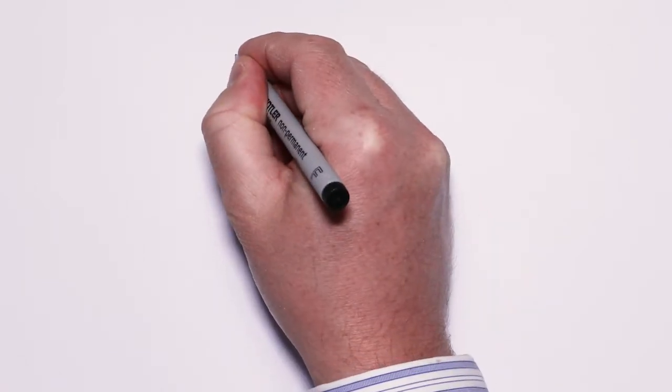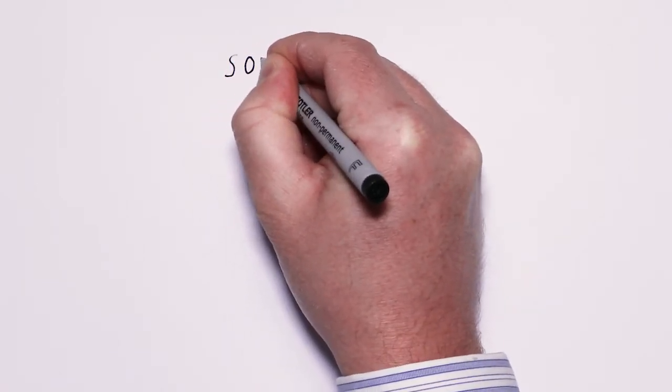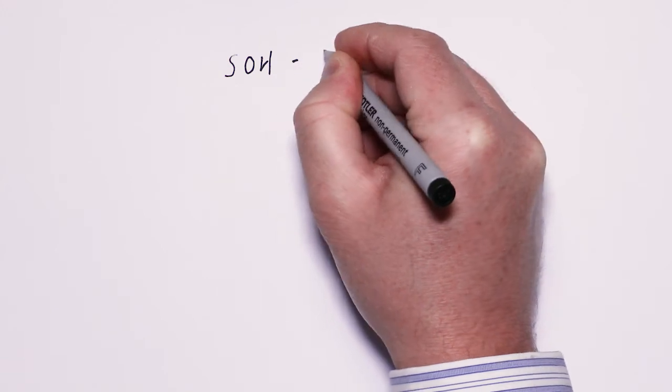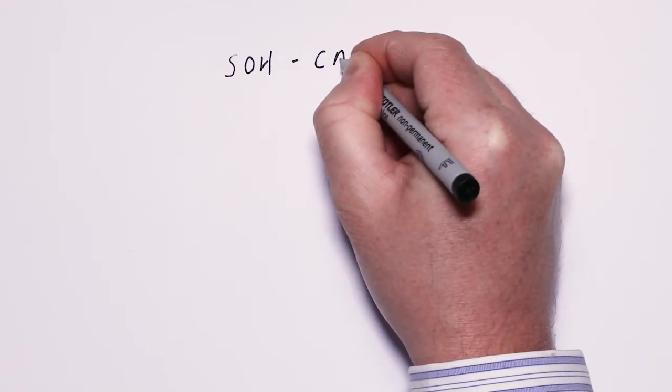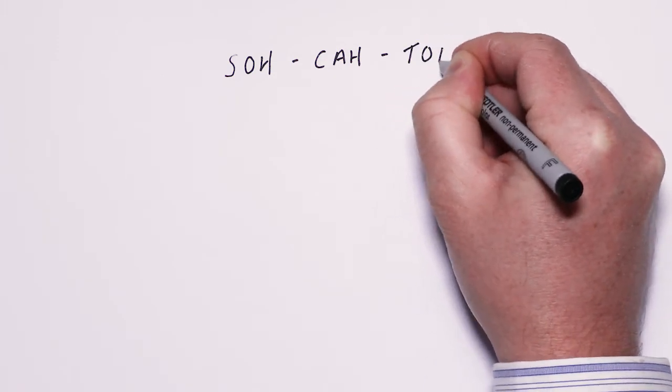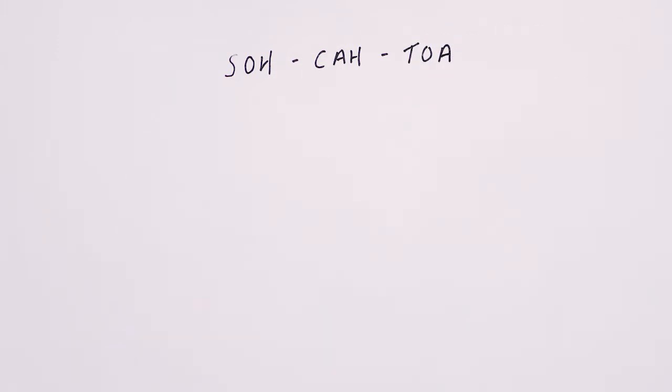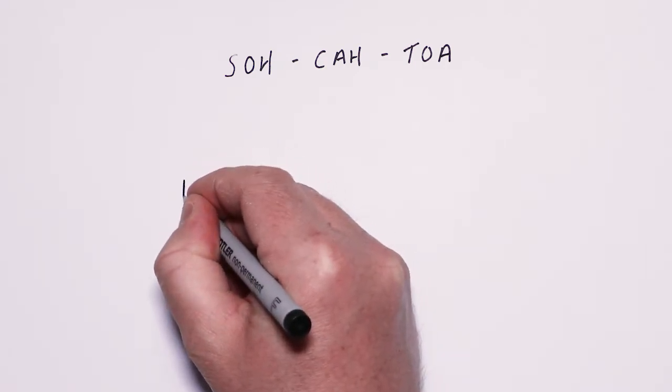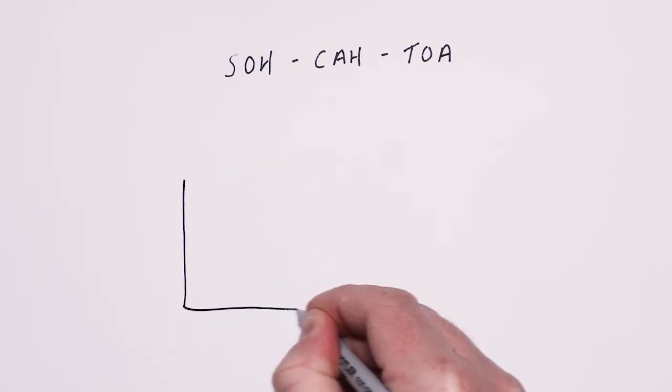Let's look at trigonometry. First of all, we need to write down Sohcahtoa. How does that relate to a triangle? Let's draw a simple right angled triangle.